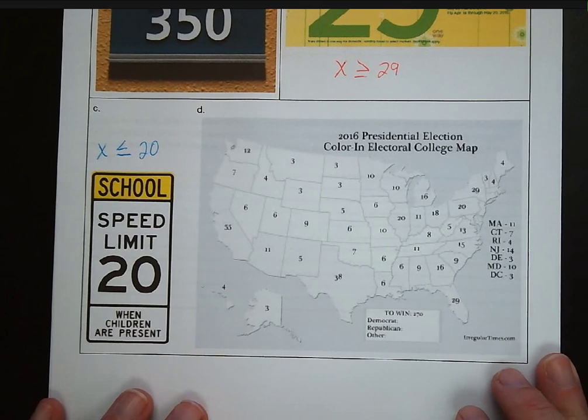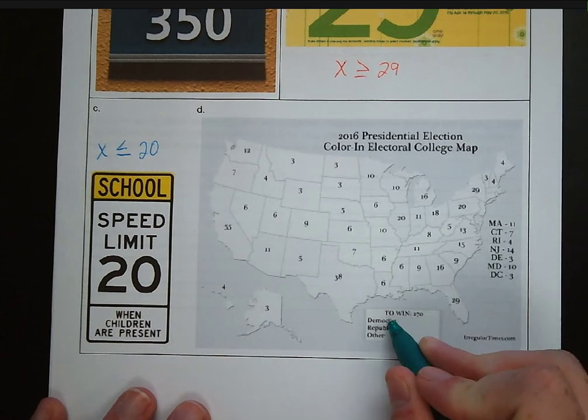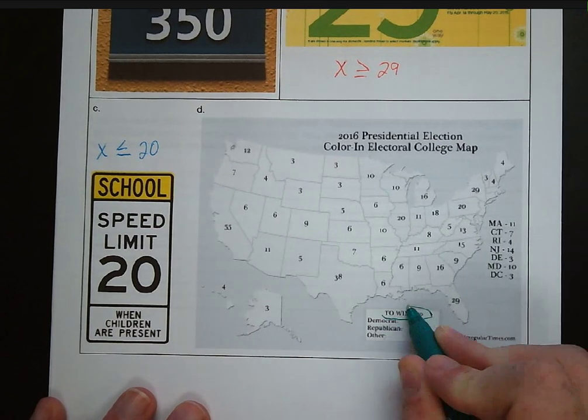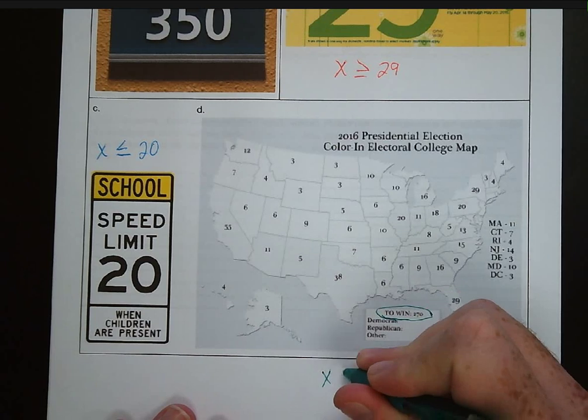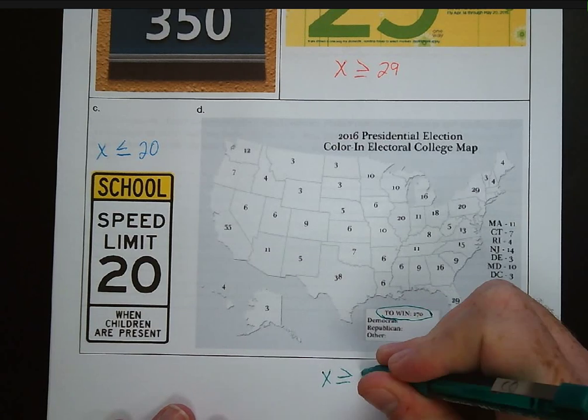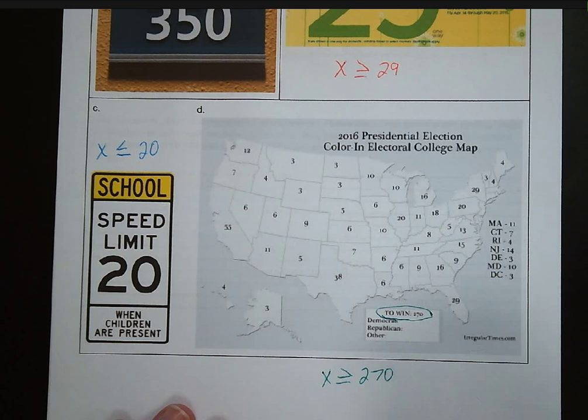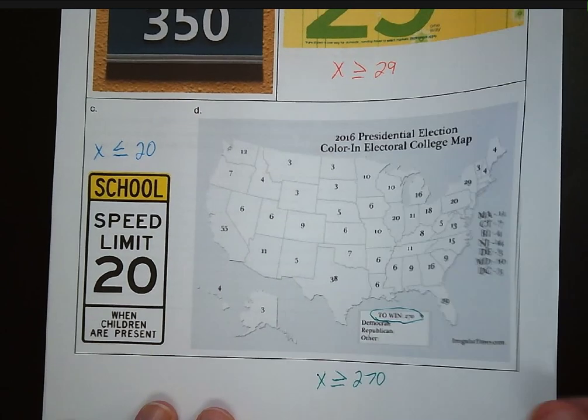We know how this one turned out, but if you don't remember, you need 270 electoral votes to be elected President of the United States. So x is going to be greater than or equal to 270.